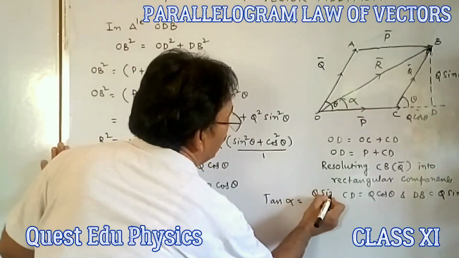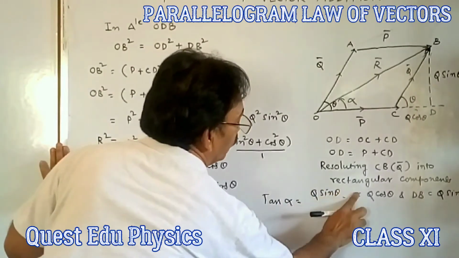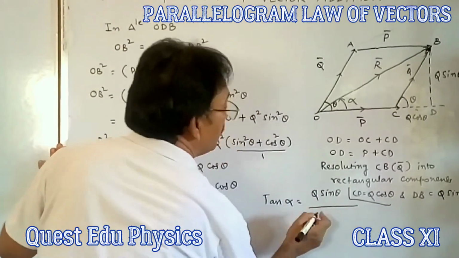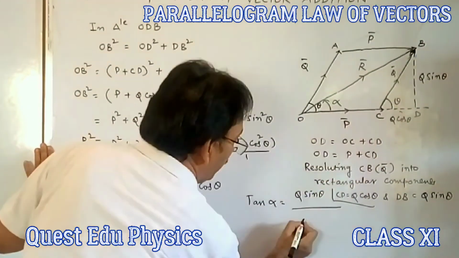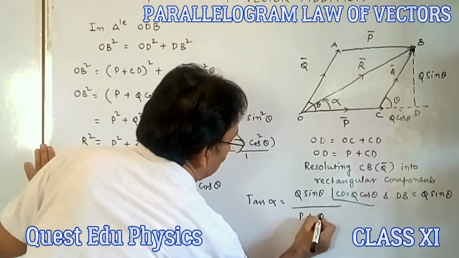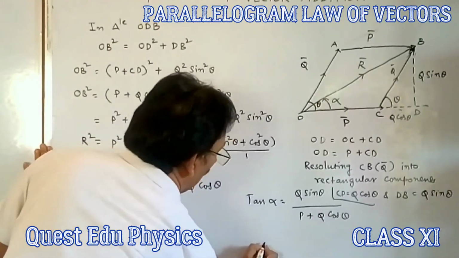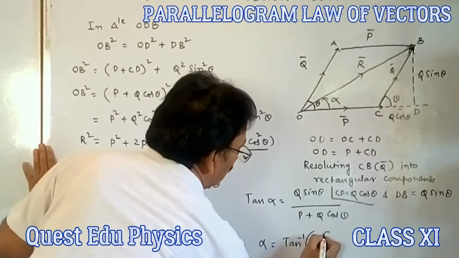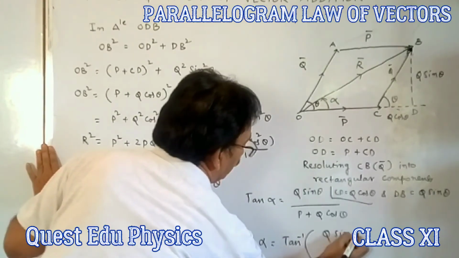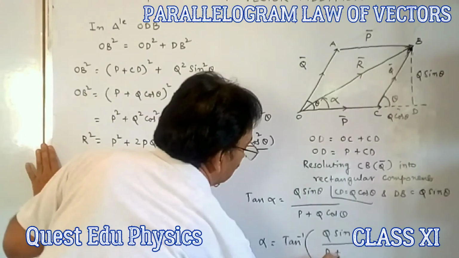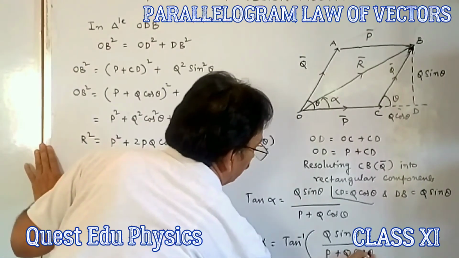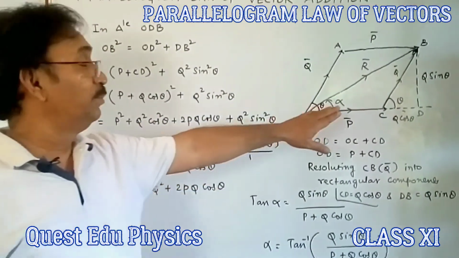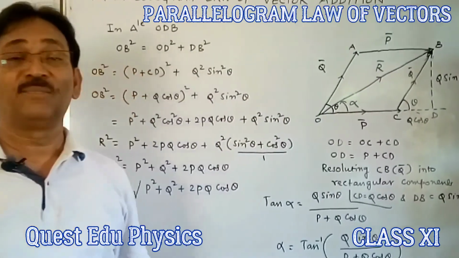It is Q sin theta upon adjacent P plus Q cos theta, or alpha is equal to tan inverse of Q sin theta upon P plus Q cos theta. It is the angle between the first vector P bar and the resultant.